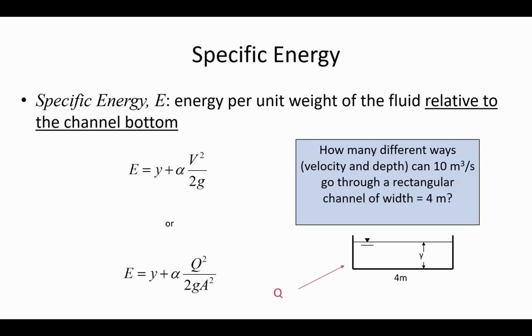All right, now to make this next point, we're going to fire up Excel and address the question: how many different combinations of flow velocity and flow depth can we have when it's 10 cubic meters per second going through a rectangular channel that has a width of 4 meters?